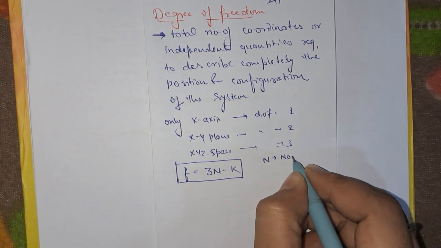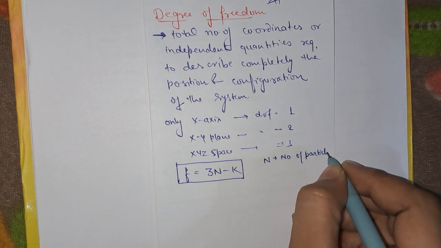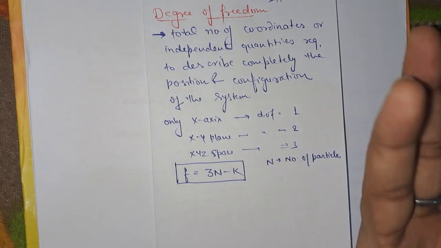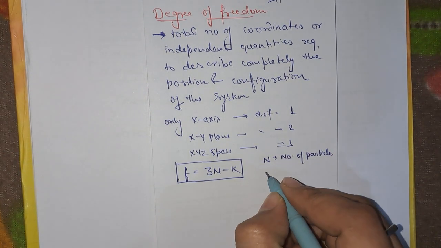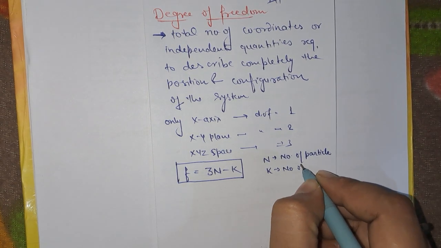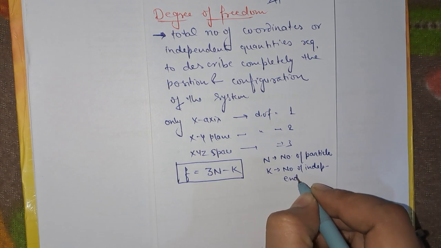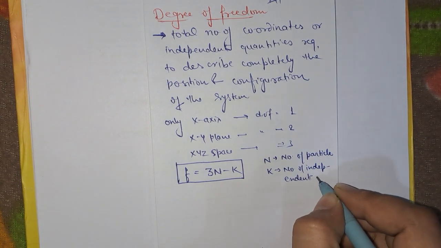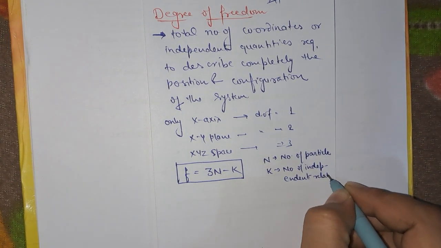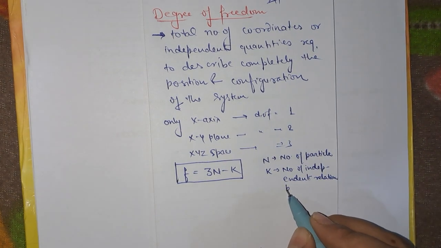n is the number of particles which are there in the system, and k is the number of independent relations between the particles.